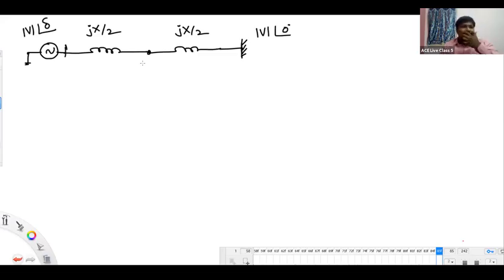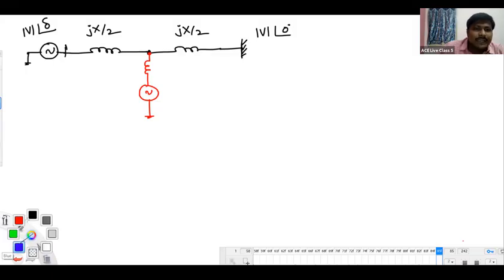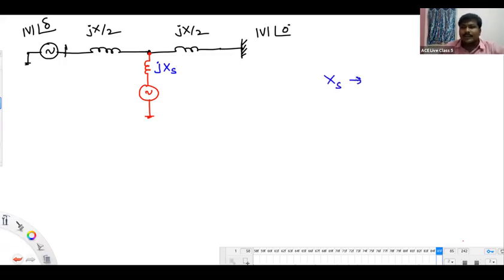And the midpoint STATCOM here: it is going to be represented with some reactance and a voltage source. That reactance value is very, very low generally. Xs is the internal reactance of the STATCOM.